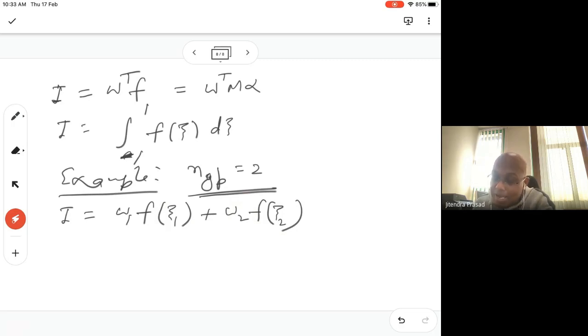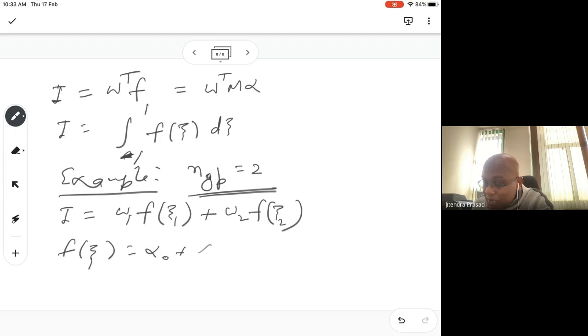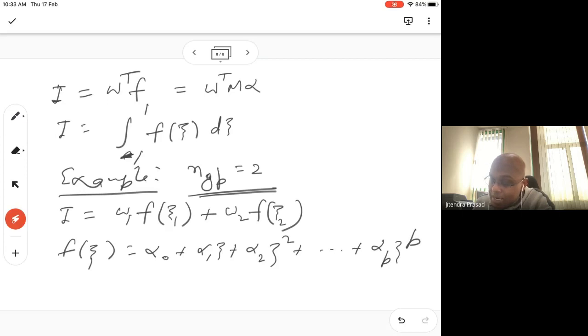If f(xi) is equal to alpha naught plus alpha 1 xi plus alpha 2 xi square and so on, alpha p xi to the power p, it tells you there are 4 things that you can adjust, right?